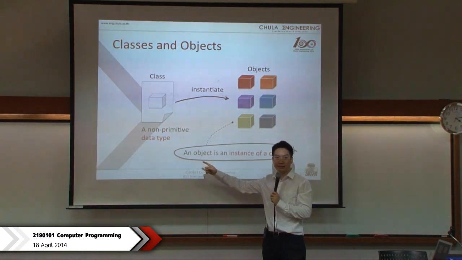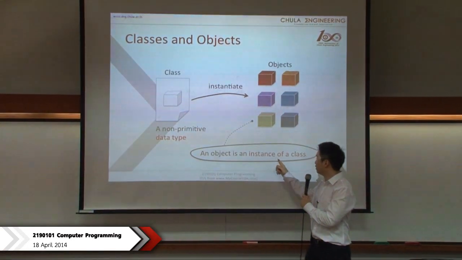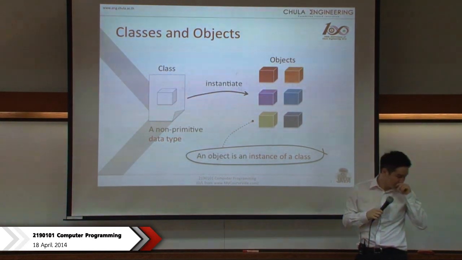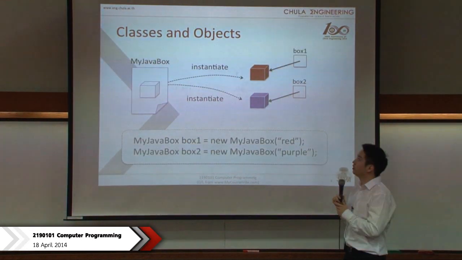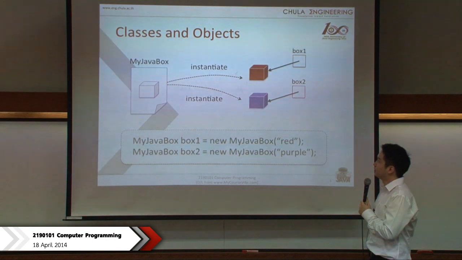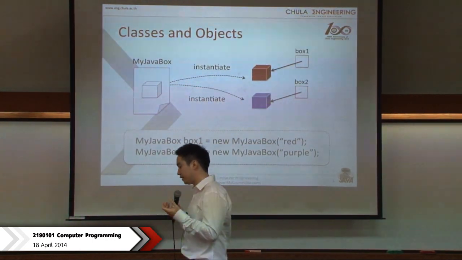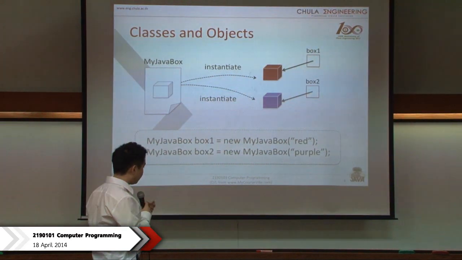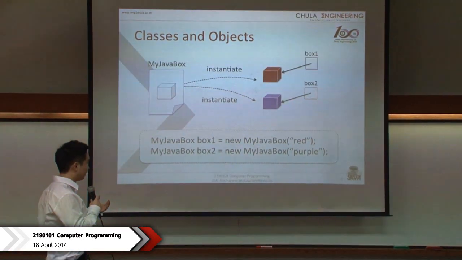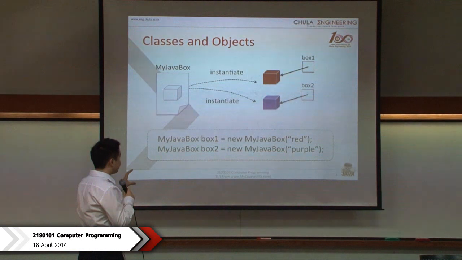An object is an instance of a class. Classes and objects, okay? Now, in the previous slide, we were simply showing you the theory behind classes and objects.